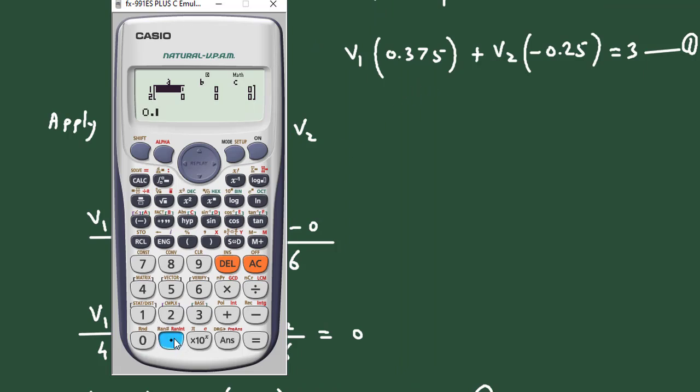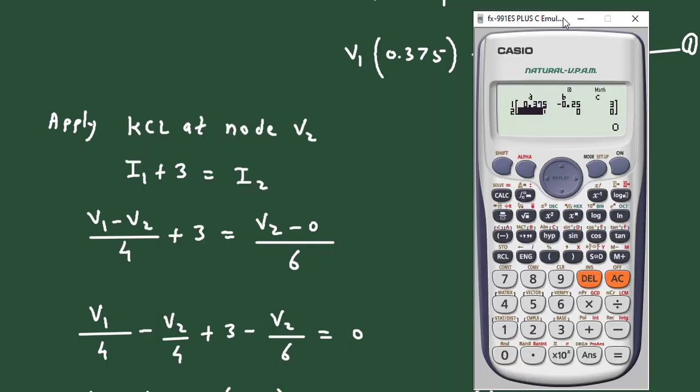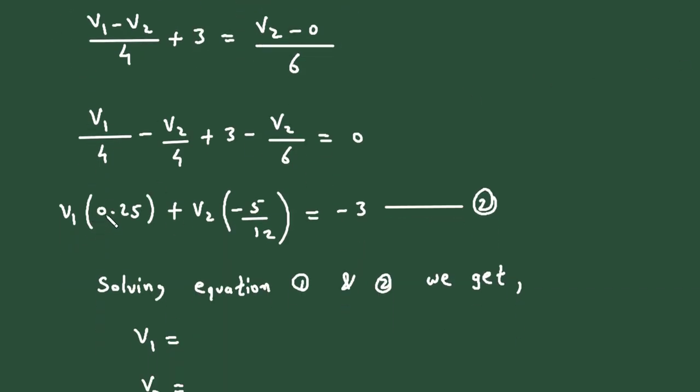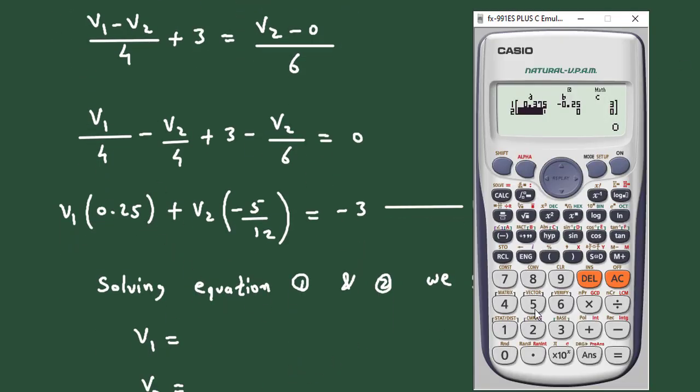So it will be 0.375, then minus 0.25, then the constant is 3. Then from equation 2, it will be 0.25, then minus 5 divided by 12, minus 3.